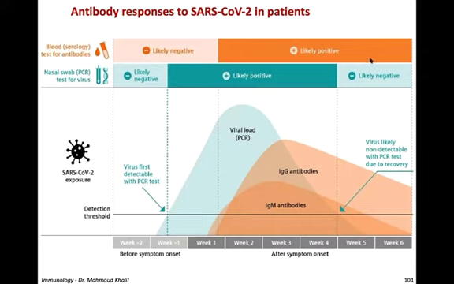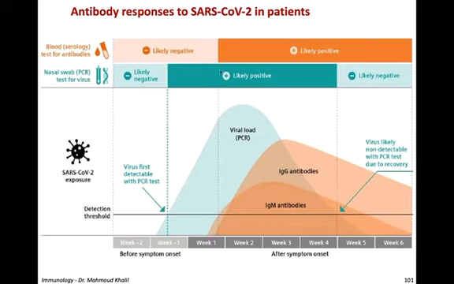While for the antibody test, of course you will not see positive antibodies, because you can see that up till almost the end of week 1, the antibodies didn't start to kick in.